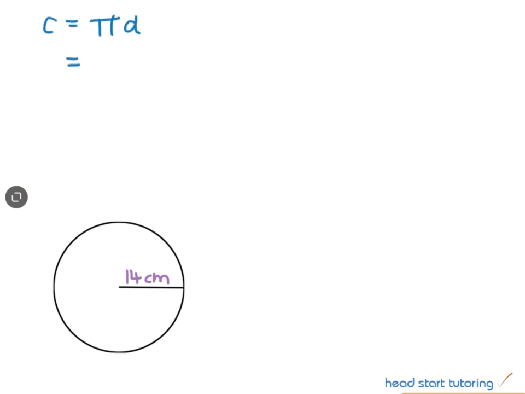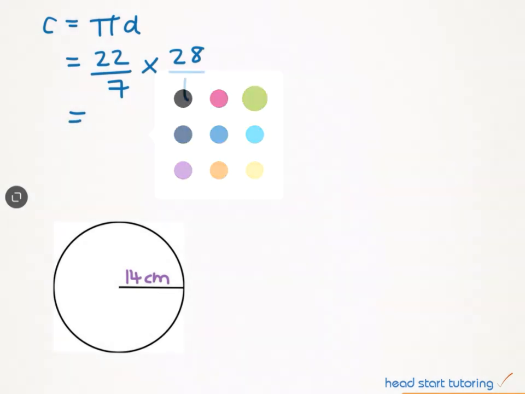Let's now have a look at finding out what the circumference of the circle is using pi d when pi is equal to 22 over 7. So pi d is equal to pi times d, and pi in this case is 22 over 7, and we're multiplying by our diameter, and because our radius is 14 centimeters, our diameter is going to be 28 centimeters, and we can put that over 1, and what we can now do is cross cancel.